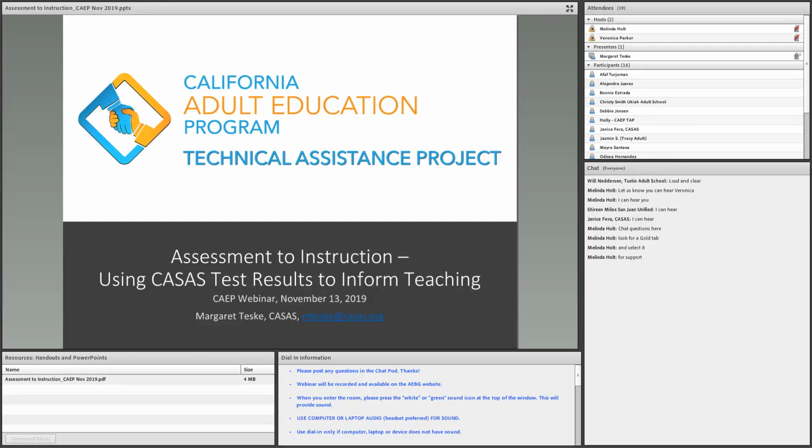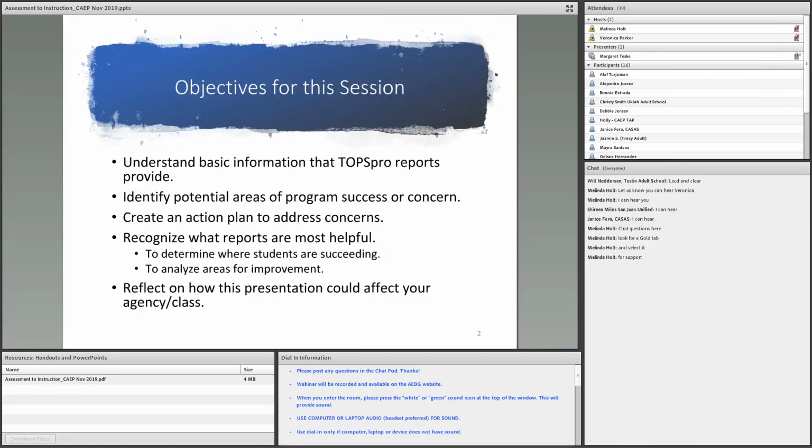their students. So an overview of what we're going to do today includes understanding some basic information that TE or TOPS Pro reports provide. We're going to look at potential areas of success or concern. So I want to draw your attention to some reports that you can look at and create possibly an action plan to address those concerns.